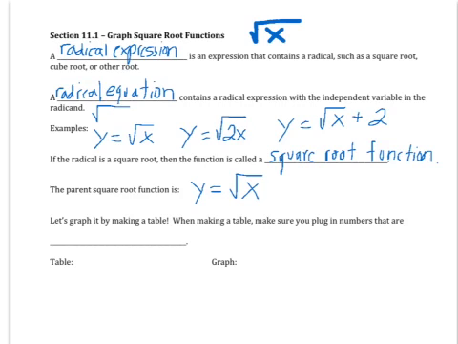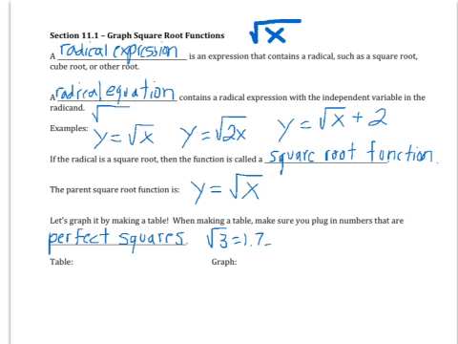When making a table, we want to make sure that we plug in numbers that are perfect squares. The reason for this, we don't want to plug in a number like 3 because the square root of 3 equals some type of decimal, and that's kind of hard to graph.